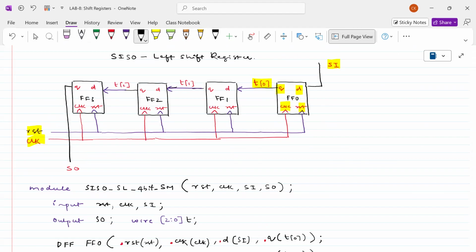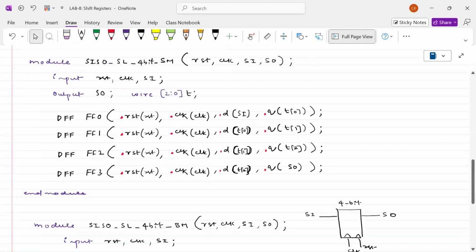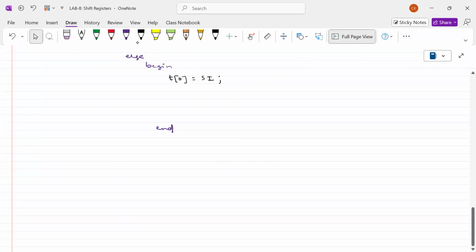It's simply a D flip-flop, right? After completion of this one, what has to happen? T naught is connected or transparent. The T naught will be transferred as T1. Okay. Next, T of 1 is T of 0. Am I right?